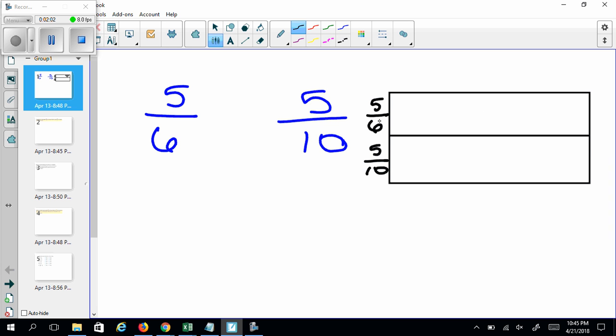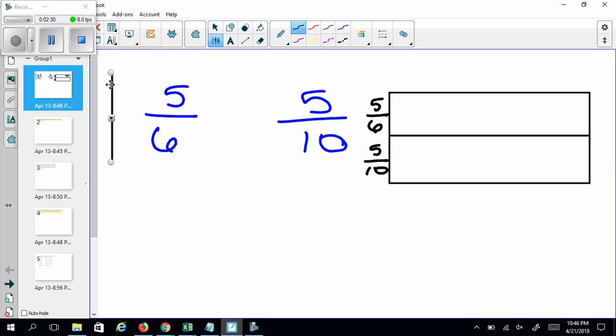Now, I can cut this in half first because 6 is a multiple of 2, and there is a video on factors and multiples, so if you need review on that, go ahead and watch that as well, but it's not necessary for right now. What I'm going to do is cut both of these in half, because not only is 6 a multiple of 2, but so is 10, okay?